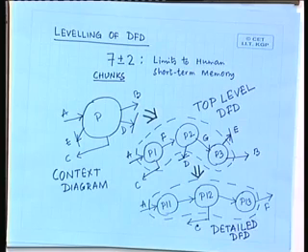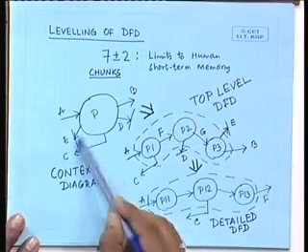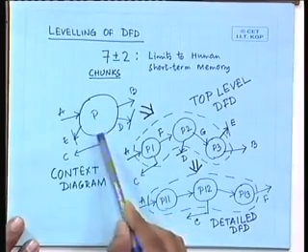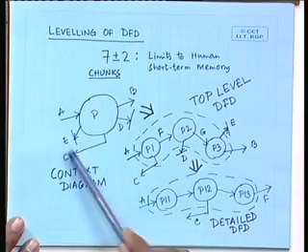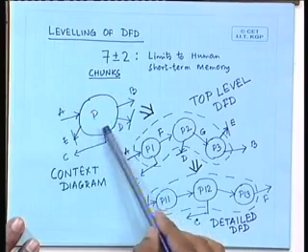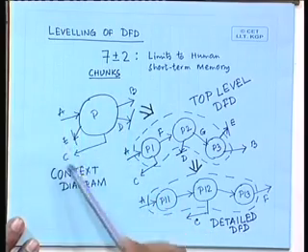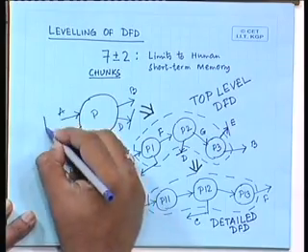Okay. So the context diagram, that is the first one. The context diagram should show the entire system as one process. The beauty of the context diagram is that it should show the entire system as one process, and I have not drawn here, but it should also show the entities.